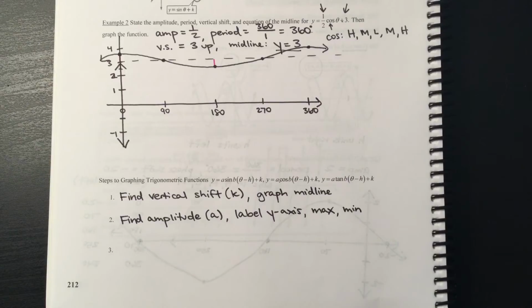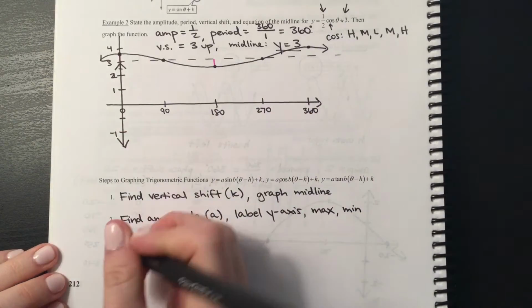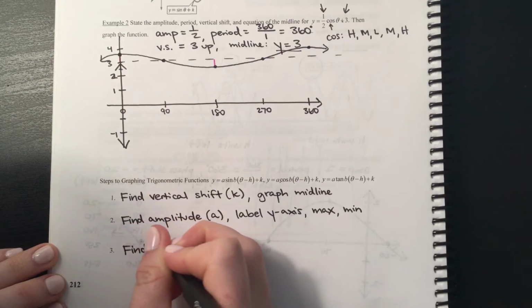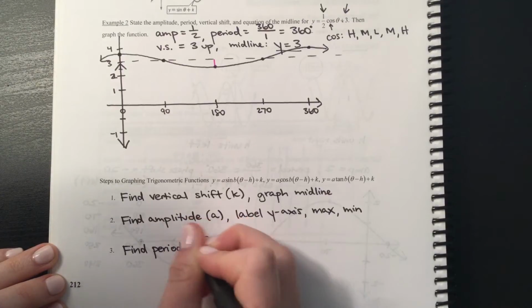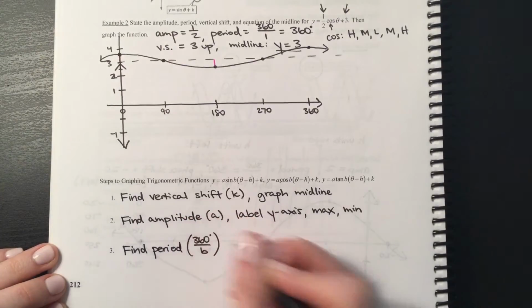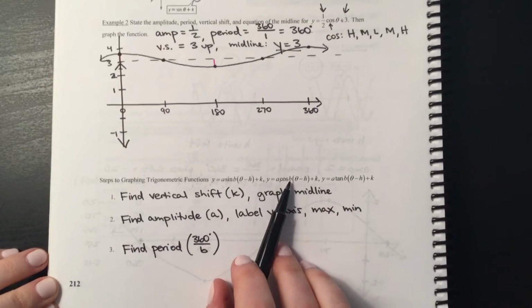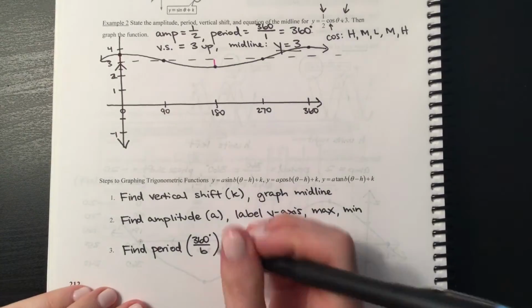Okay, next step, we're going to start plotting out the theta axis now. So now find the period. We actually have a formula for this one. It's not quite as easy to spot. So we do 360 degrees divided by b. And b is this number in front of the theta. So it's after the sine or cosine, but it's in front of the theta. And then we're going to determine our 5-point pattern for theta.